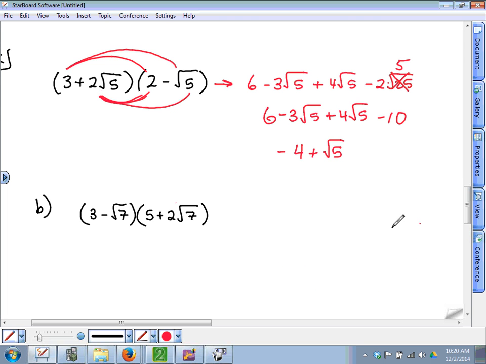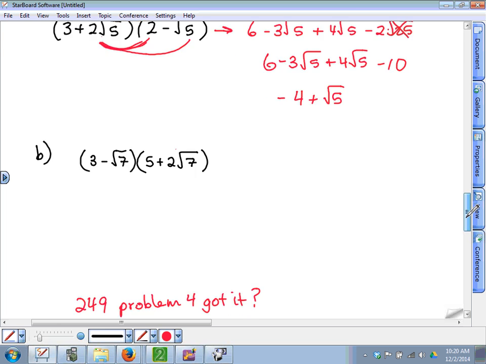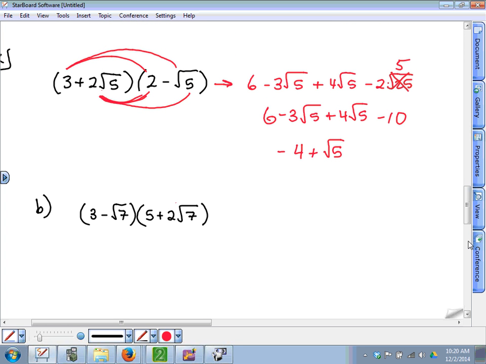So let's try this one. 3 minus root 7 times 5 plus 2 root 7. Same type of thing, we're just distributing.